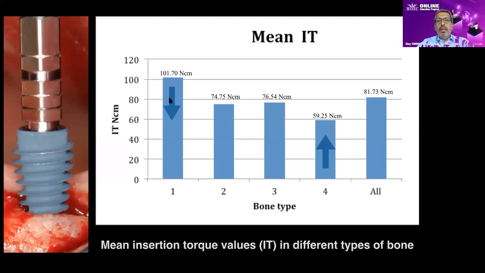So one of the main reasons for using a 4 millimeter implant adapted to hard bone is to lower our insertion torque in hard bone, because of course we don't need a very high insertion torque. What we need is to achieve a higher insertion torque in soft bone. And you see that here we are at a mean value of 60 Newton centimeter in soft bone, and this is very important if you want to achieve primary stability.